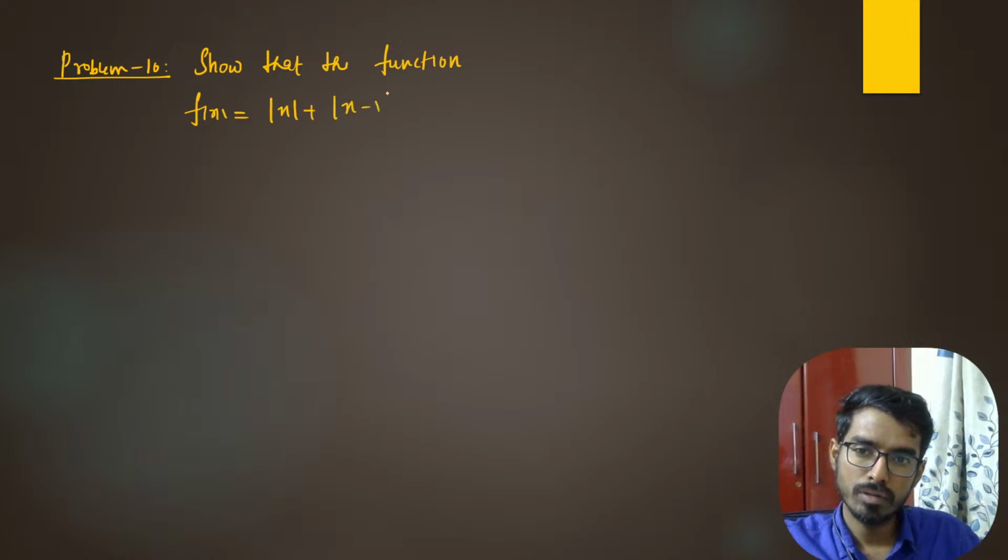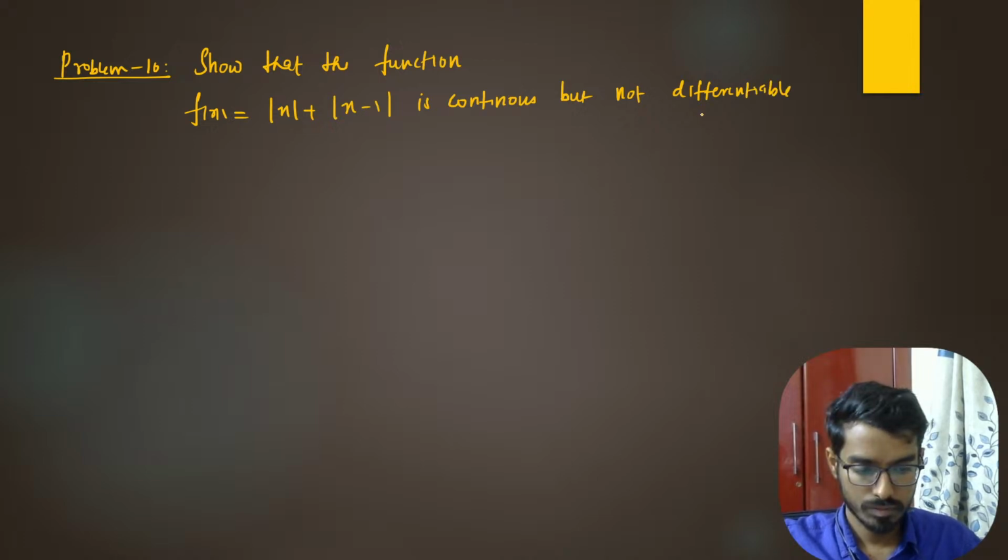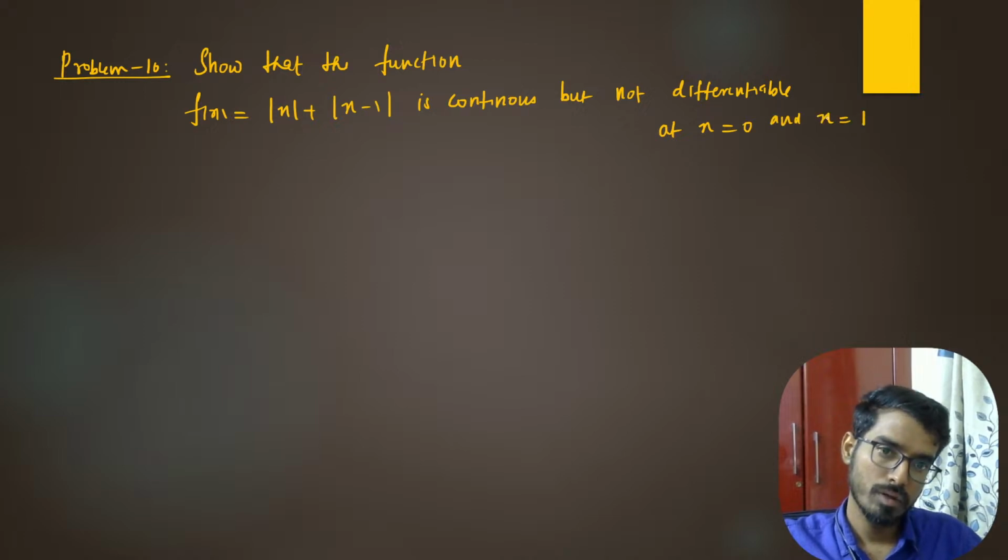So that the function f of x is equal to mod x plus mod x minus 1 is continuous but not differentiable at x is equal to 0 and x is equal to 1.